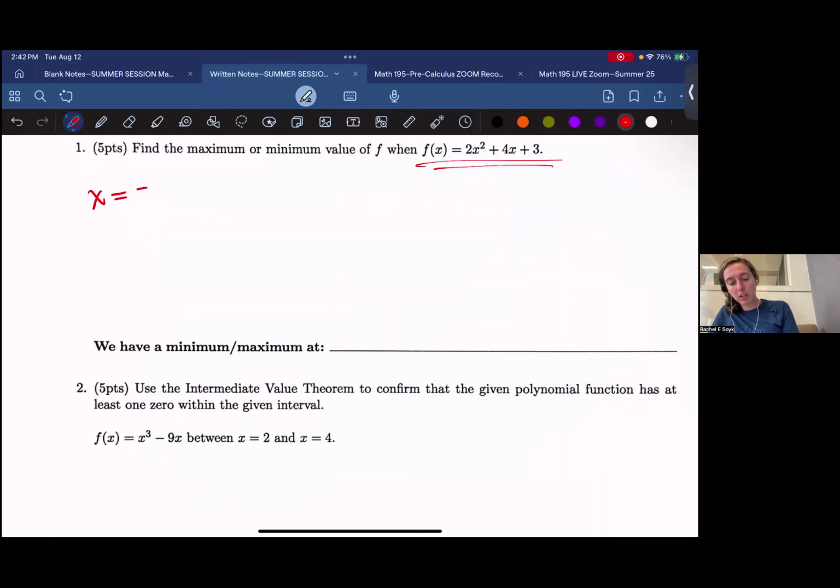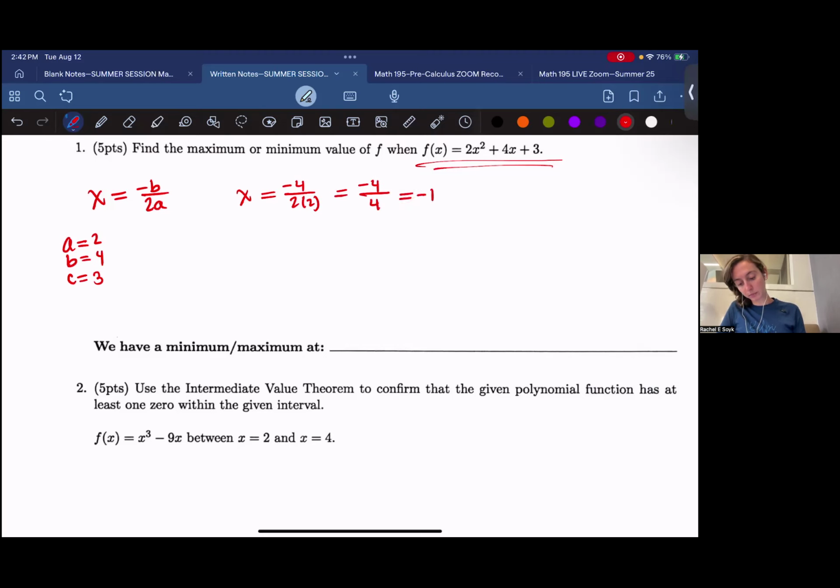Axis of symmetry is negative b over 2a. Our a here is 2, our b here is 4, our c here is 3, which means our negative b over 2a is negative 4 over 2 times 2, which is just negative 4 over 4, which gives us negative 1.